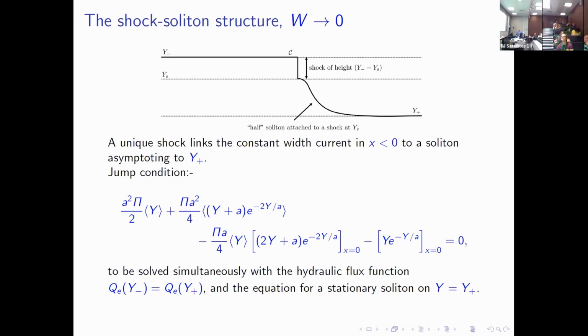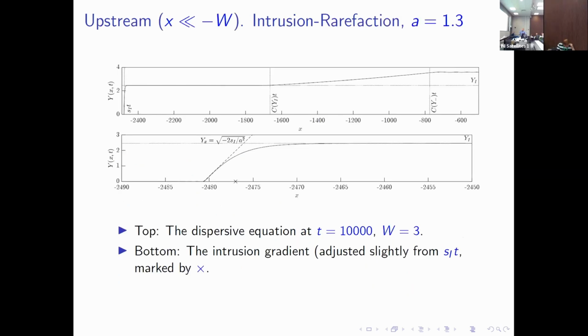We can then find a jump condition by integrating our dispersive equation across this region. This is our jump condition. We have a condition that the flux must be conserved, and we have a condition for the solitary wave. That gives us sufficient conditions to determine all 3 unknowns: Y plus, YS, and Y minus.